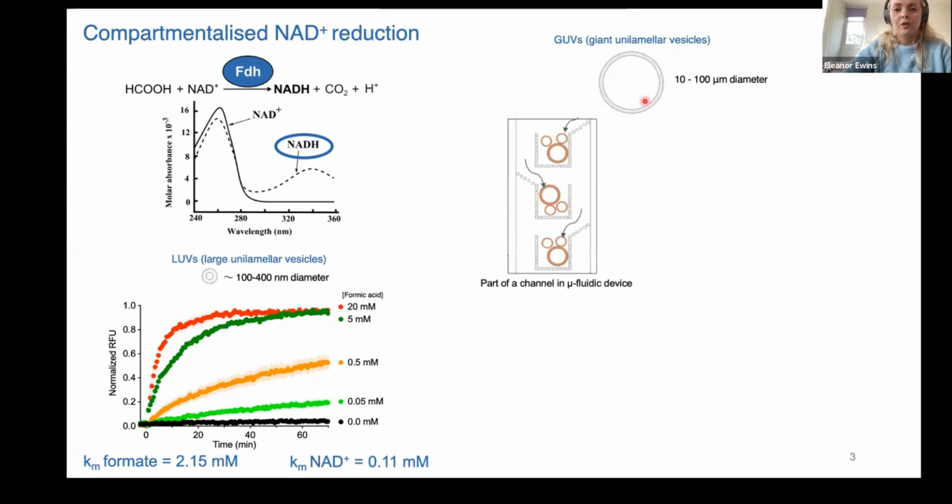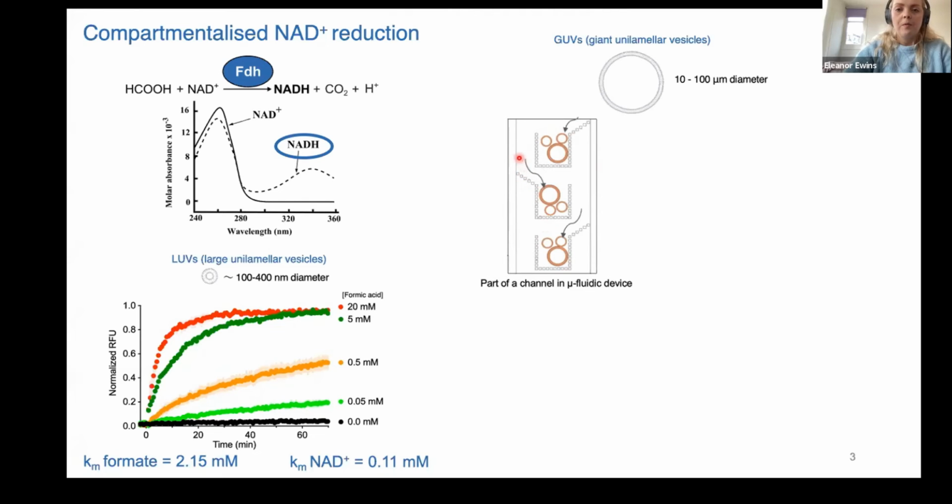The method that I used to observe the giant vesicles was a microfluidic device, and this is just part of a drawing which demonstrates how it works.